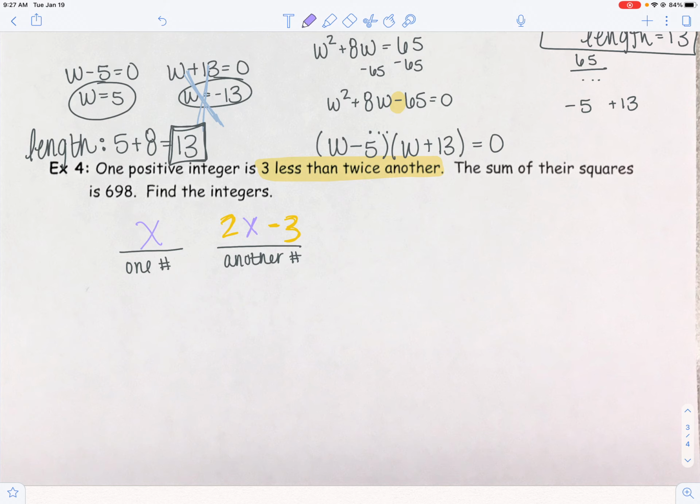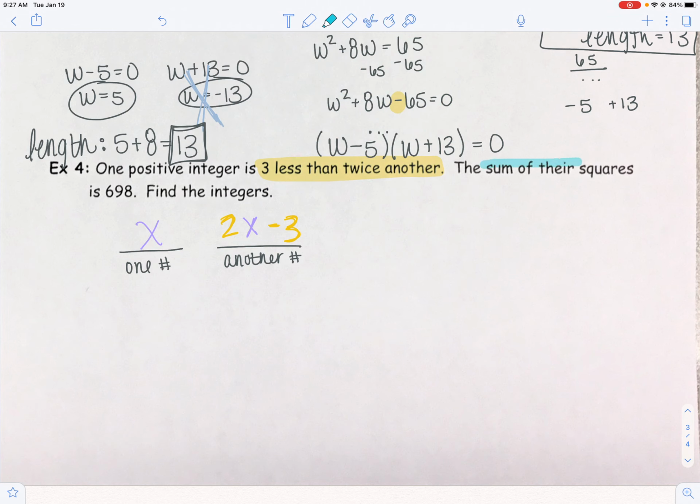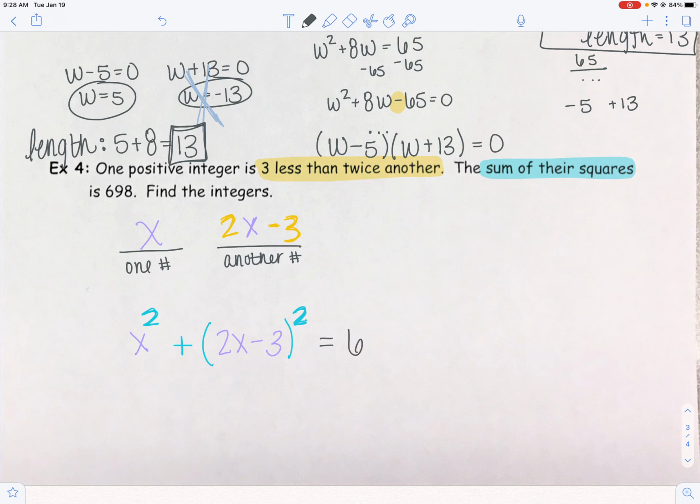And then the last sentence says the sum of their squares is 698. So I'm going to have these two numbers, x and 2x minus 3. The sum of their squares, so sum meaning addition of their squares, is 698.